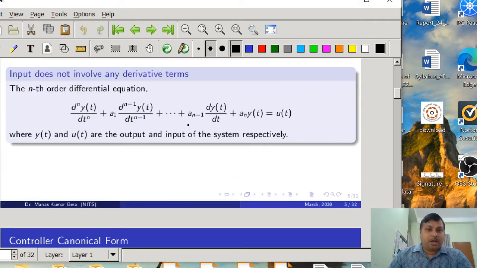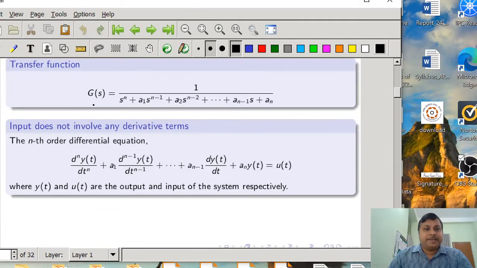Now we know that if a transfer function or a differential equation is given, then first we have to assume the state variables.